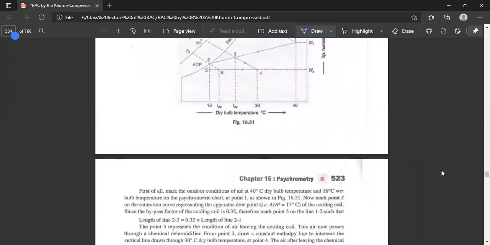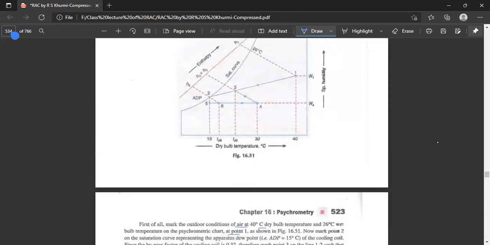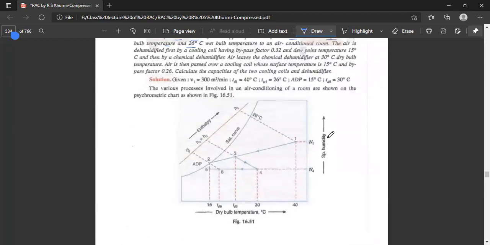First of all, the outdoor condition of air is 40 degrees centigrade dry bulb temperature and 26 degrees centigrade wet bulb temperature. Let us mark it on the psychrometric chart as point 1, which is given here.